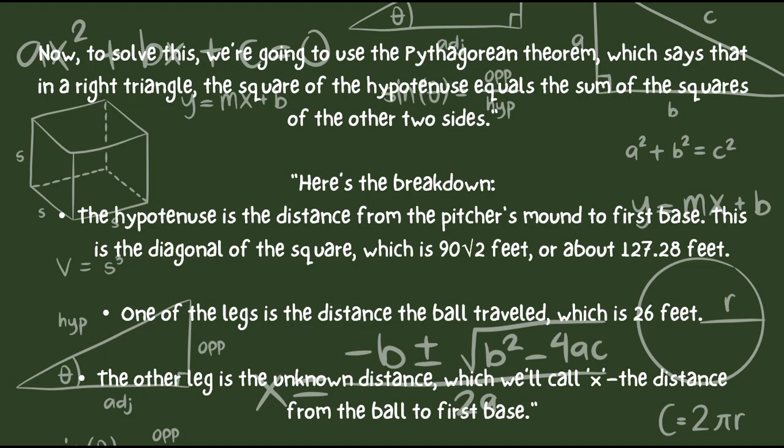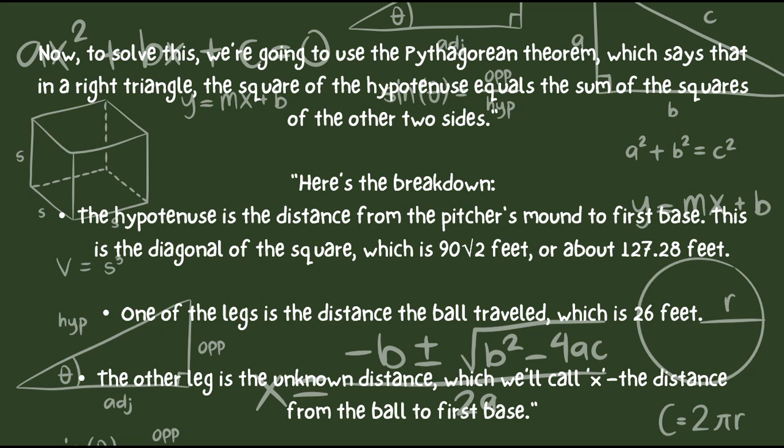Now, to solve this, we're going to use the Pythagorean theorem, which says that in a right triangle, the square of the hypotenuse equals the sum of the squares of the other two sides. Here's the breakdown. The hypotenuse is the distance from the pitcher's mound to the first base.